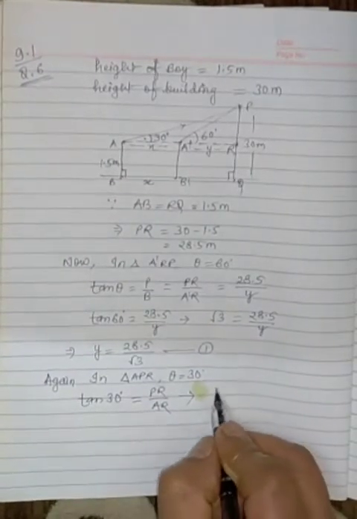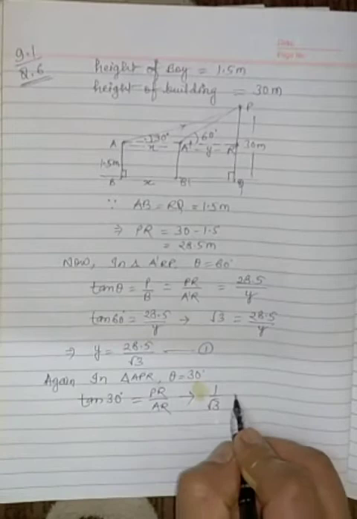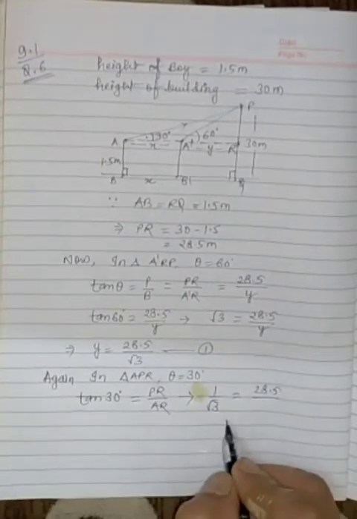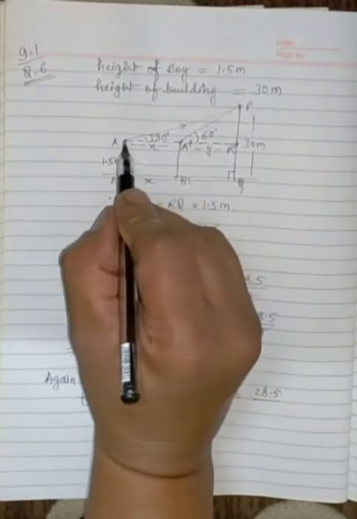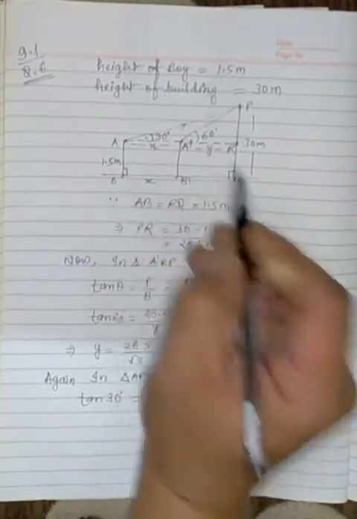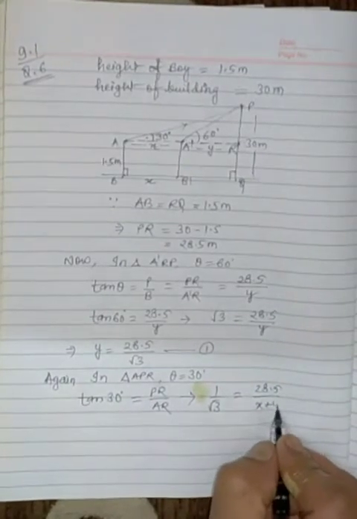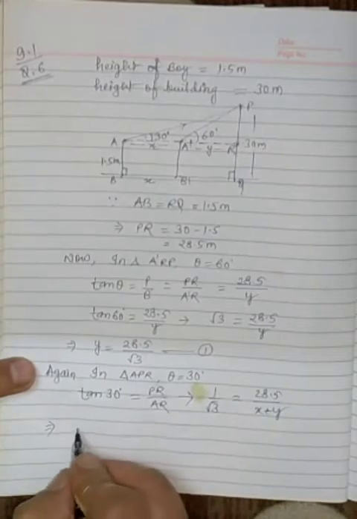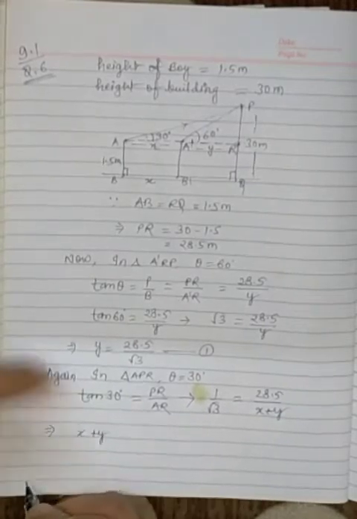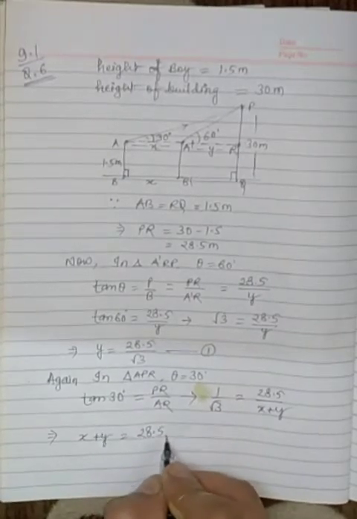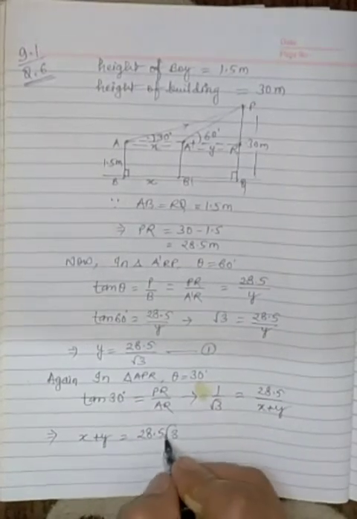So tan 30, which is equal to 1 upon root 3, is equal to PR, which is 28.5, upon AR, which is in two parts, AA dash plus A dash R, which is equal to X plus Y. That implies by cross multiply, X plus Y is equal to 28.5 under root 3.